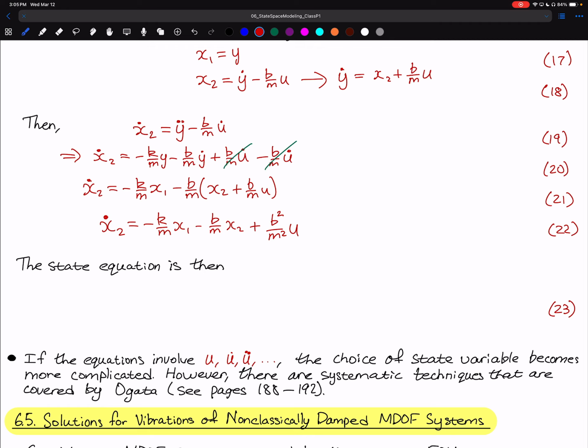Should that be minus b squared over m squared? Yes, it should.